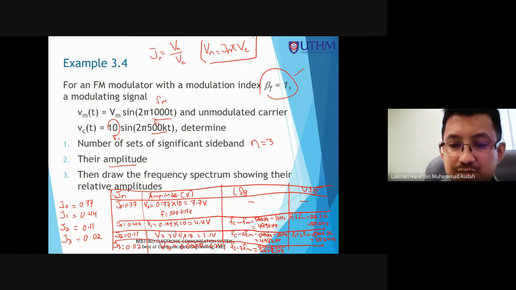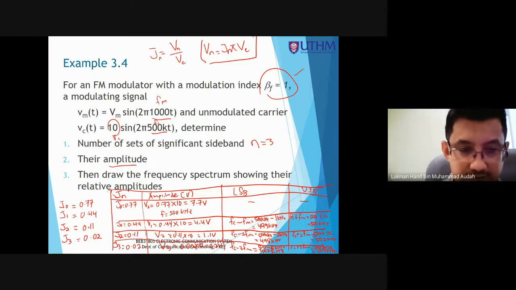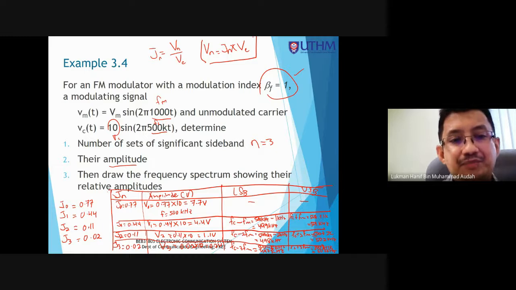Manakala untuk USB adalah FC plus 3 FM. So this is equal to 500K plus 3K. So we get 503 kilohertz. Nampak? So this is their amplitudes.